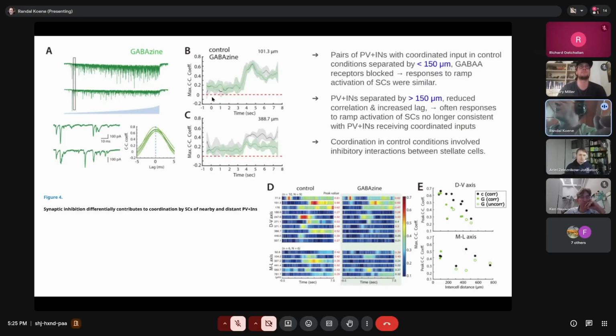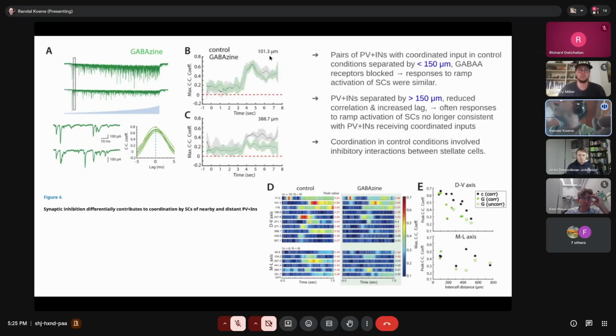So in figure 4A, they're just showing the blocking of fast inhibition by gabazine, the effect that has. And then in figures B and C, we're comparing control and gabazine. Control here shown as gray and gabazine as green at two different distances.